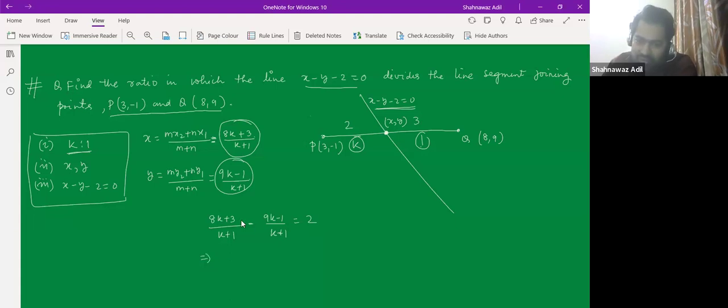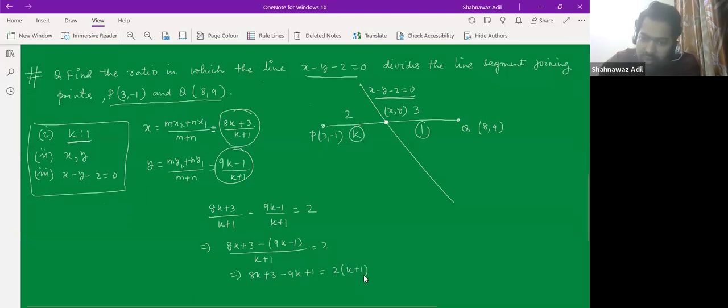We take this 2 to the other side. Remember, it is very important to write this in brackets. This is very crucial, otherwise you will get a negative term and then we get the wrong answer. So 8k plus 3 minus (9k plus 1) equals 2(k plus 1). So what is this?